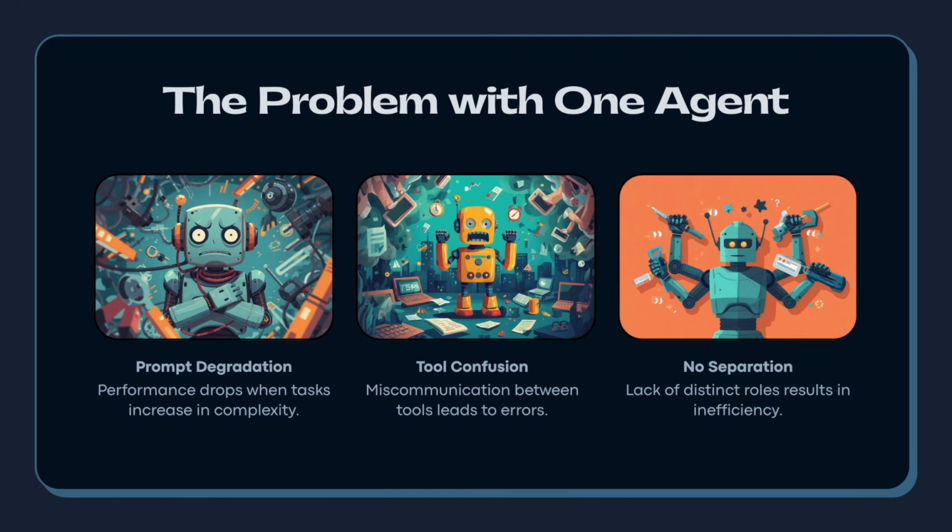Now, if you stuff all of this into one agent, with one massive system prompt, 15 to 20 tools, and complex routing logic, what happens?